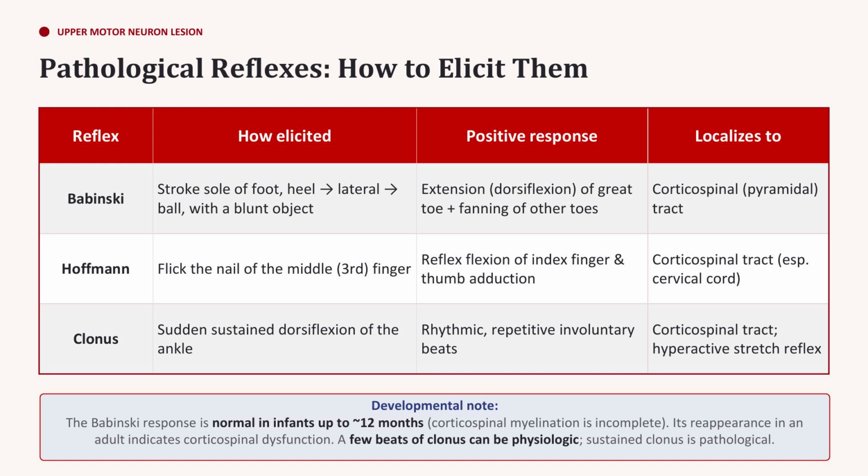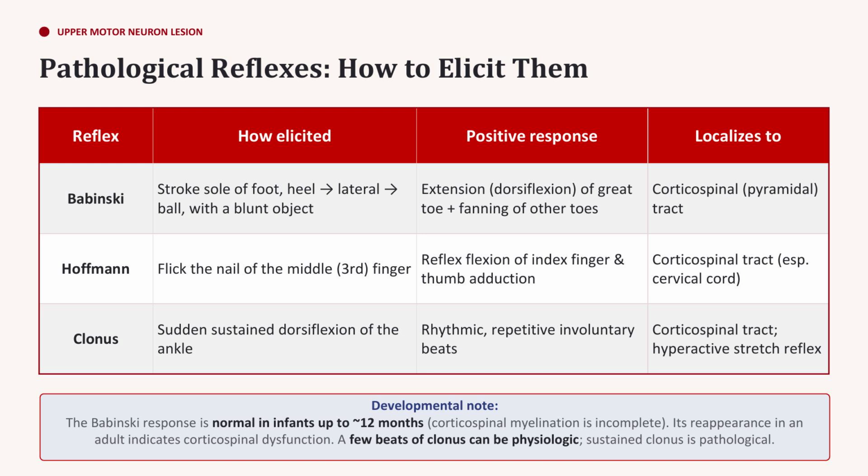You flick the nail of the middle finger, and a positive response is reflex flexion of the index finger and adduction of the thumb. It suggests corticospinal involvement, particularly cervical. Clonus is elicited by a brisk, sustained dorsiflexion of the ankle, producing rhythmic beats. Sustained clonus reflects a hyperactive, disinhibited stretch reflex.